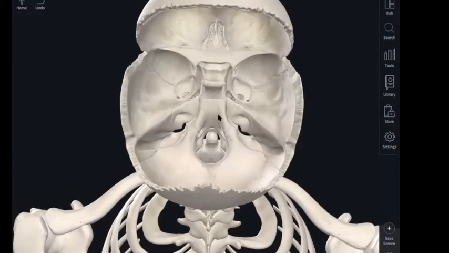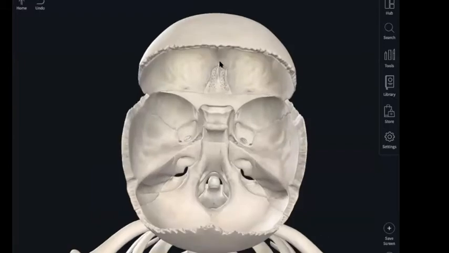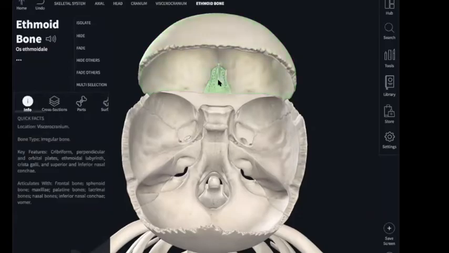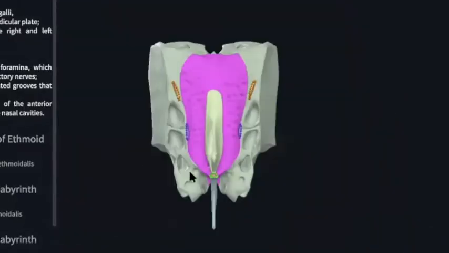So again, let's start from the most anterior and move backward and look at some of these features. Here's your frontal bone, and we didn't really see the ethmoid bone before, but the ethmoid bone is this little centerpiece here in the front. This is one of the ones you're going to have to know individually, right? This is looking down on it here. You have a couple of features here, like the cribriform plate, and the little holes in it are called the olfactory foramina.